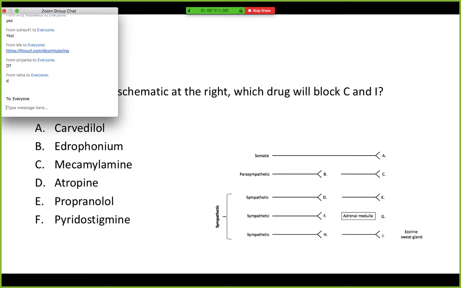Yeah, so D, atropine, is the correct answer. Somebody want to explain why? Muscarinic. Right, it's anti-muscarinic. Yeah, that's right. So what about carvedilol? Where's that going to work?